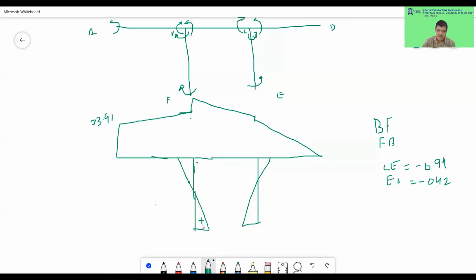This is plus. This is minus. What is the BF and FB? BF comes out to be plus 12.17, and FB comes 6.09. So BF is here.